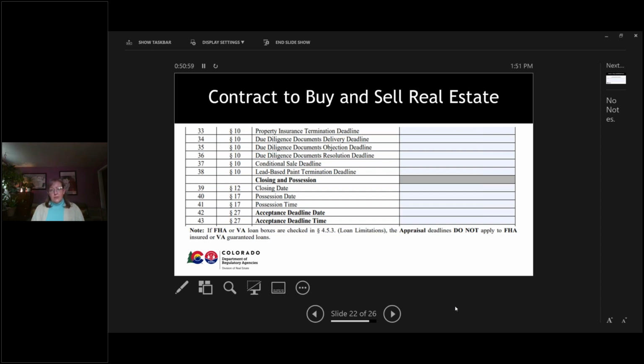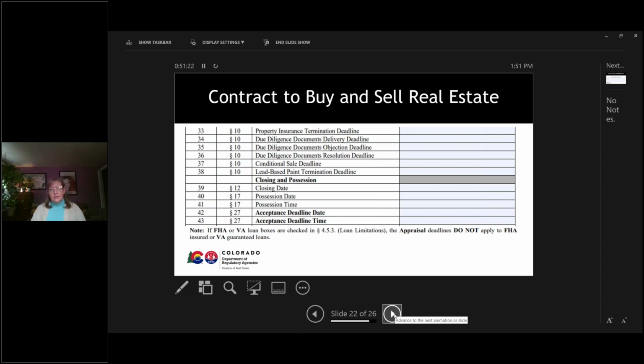There's also provisions in the contract to buy and sell to address what happens when either the buyer or the seller defaults, your termination rights and the effect. If you have to go to mediation, that's to address disputes that arise relating to the contract, and it spells that out for you.